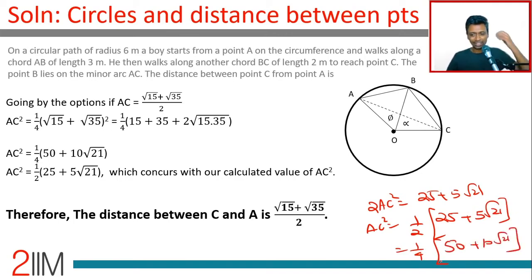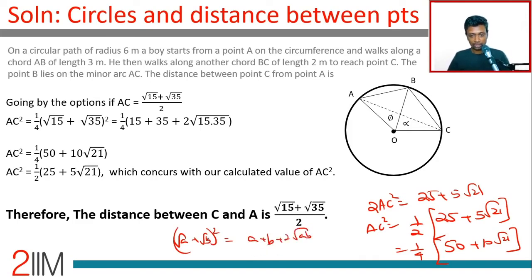Why am I writing it like that? So that we can reimagine this in terms of some expression square. And so what might that expression be? Finally, we go from the choices. How do we simplify this? We can say this is root A plus root B, the whole square, which is A plus B plus 2 root AB.